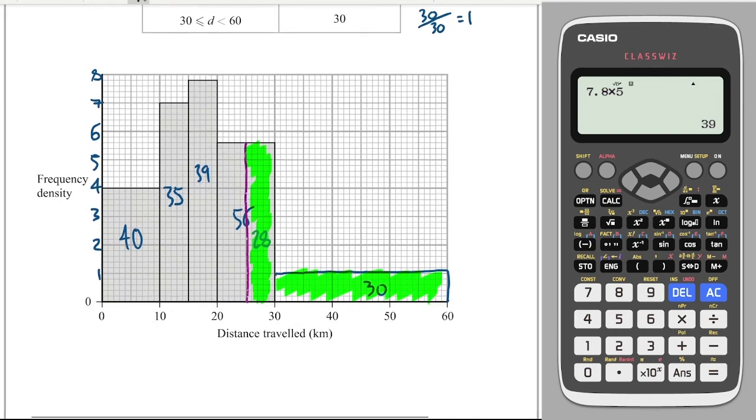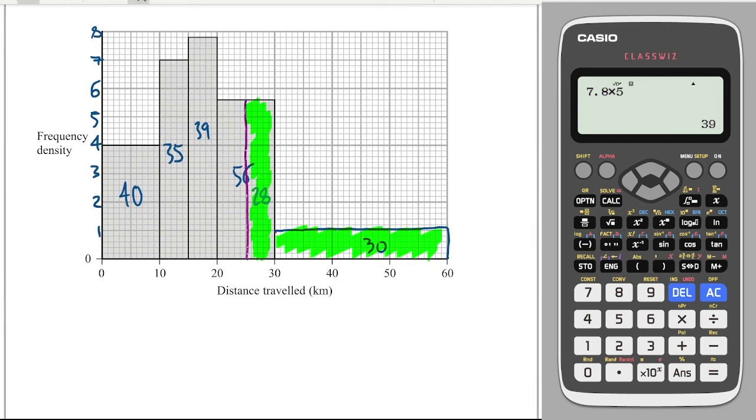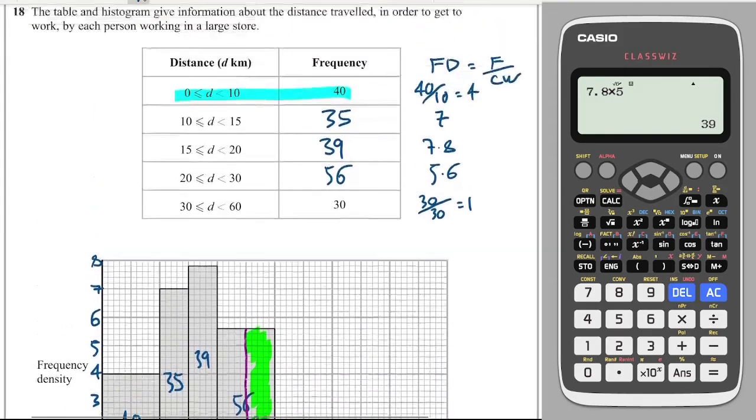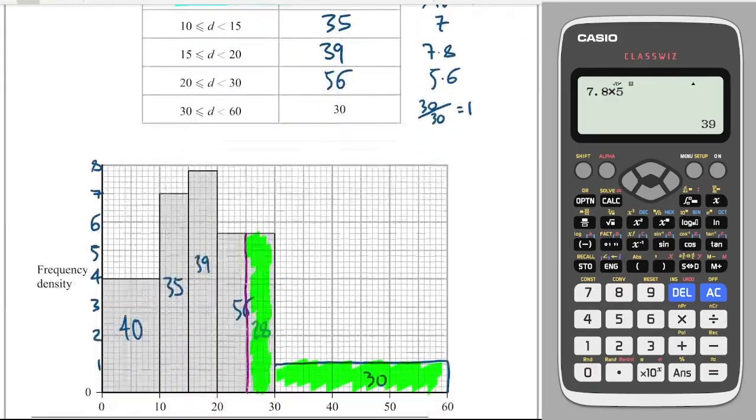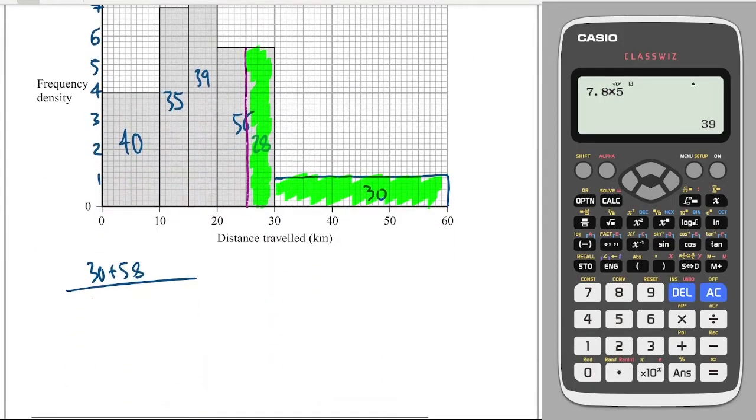So the number of people we're looking at is 30 plus 58. They're the people that are over 25 kilometers. And it's asking me for the probability, so I need it out of everyone, which is the sum of the frequency, which is 40 plus 35 plus 39 plus 56 plus 30.